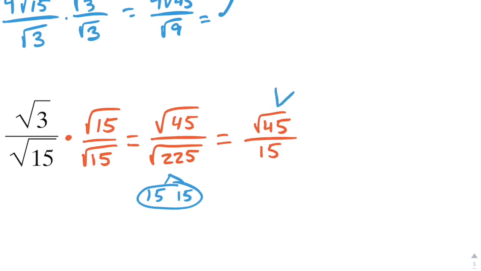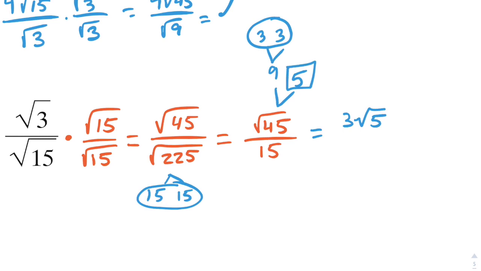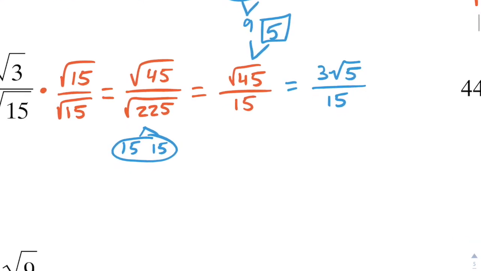For 45, we're going to have 9 times 5, and we're going to have 3 times 3. So in the numerator, I'm going to write my group of 3's outside, and my 5 on the inside. That's going to stay over 15. 3 over 15 simplifies to be 1/5.